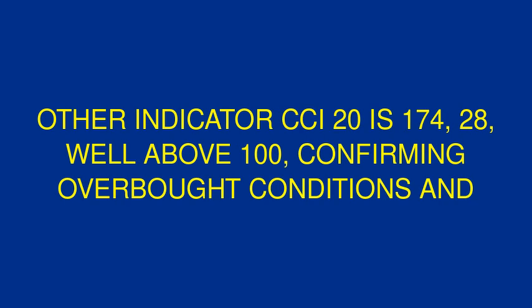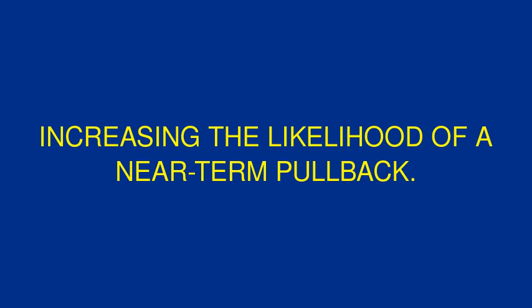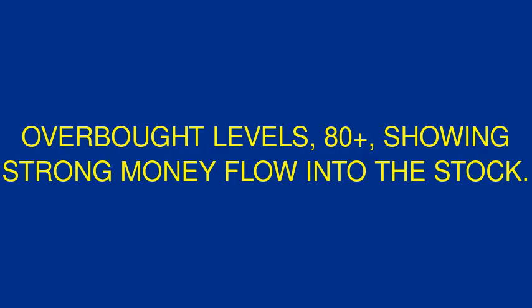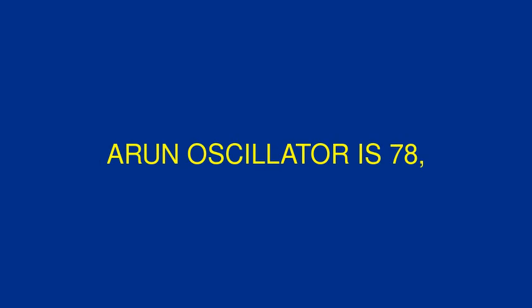Other indicators: CCI 20 is 174.28, well above 100, confirming overbought conditions and increasing the likelihood of a near-term pullback. MFI 14 is 76.38, high but not yet at extreme overbought levels, 80+, showing strong money flow into the stock.